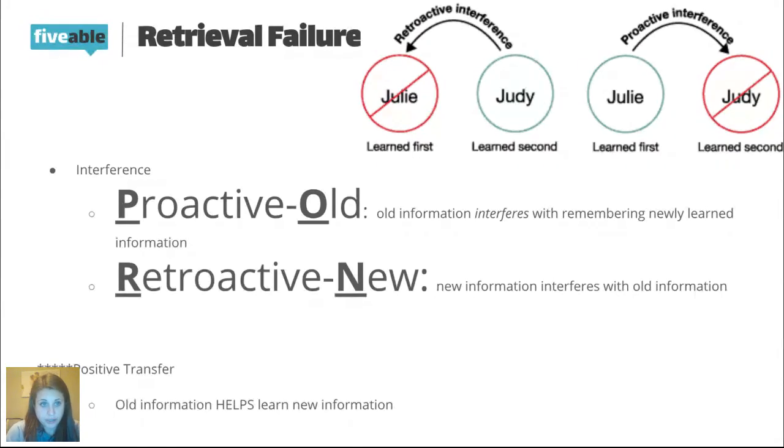Retroactive interference is when new information interferes with remembering old info. An example of this would be, I have my social security number memorized. We'll just say that it's 1111111. When my husband and I got married, I had to fill out all of these different paperworks, like when you buy a house or when you sign up for insurance, and you need everyone's social security numbers.